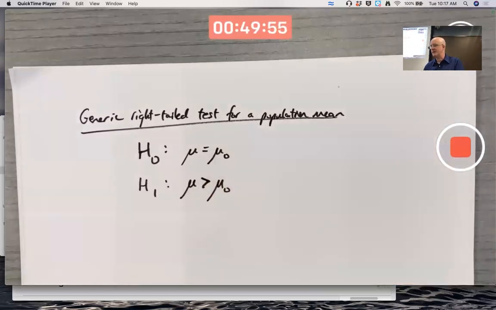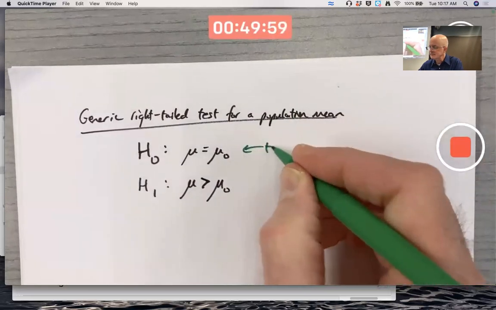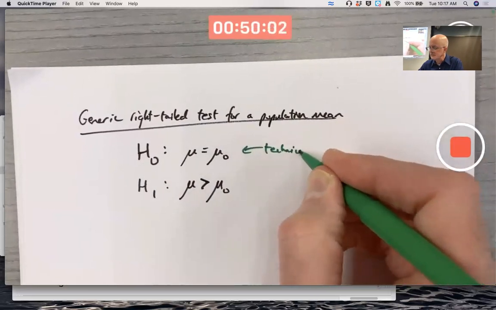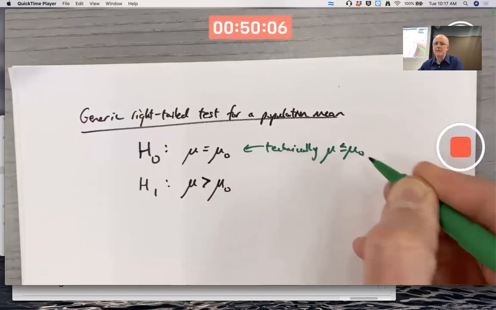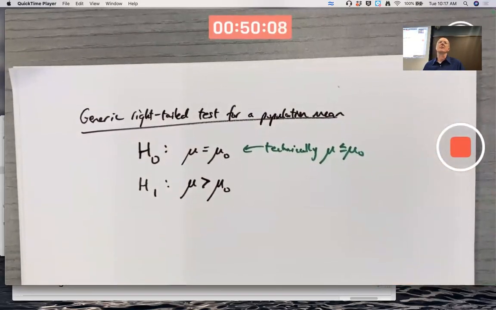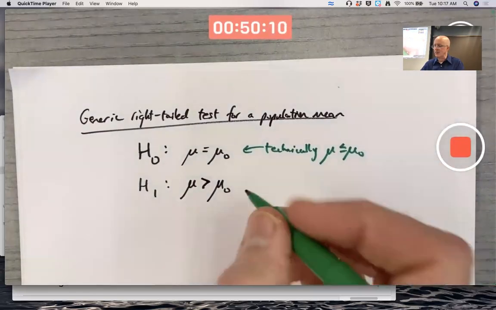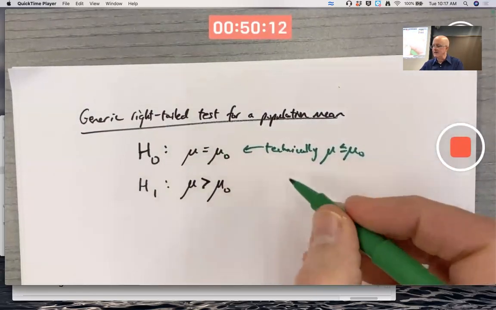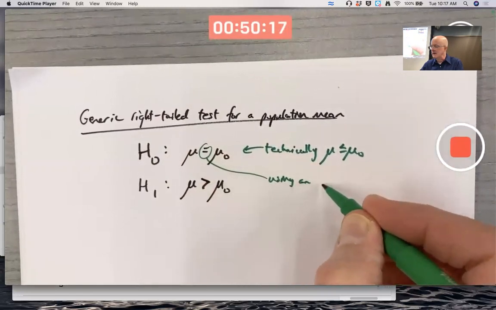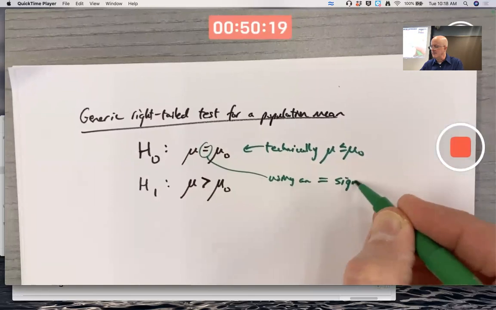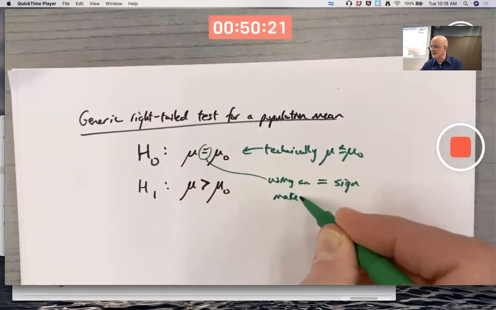Maybe I'll write technically mu is less than or equal to mu 0, but we almost always write it as a simple hypothesis, the equality using an equal sign, which makes this a simple hypothesis.